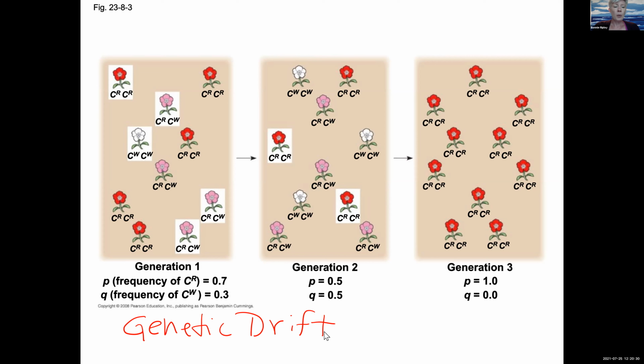So if we imagine a population that starts out with proportions of little p of 0.7 and little q of 0.3, we see the flowers that are shown in that left panel in generation 1. The ones in the white boxes are, for whatever reason, just bad luck. Those are the only ones that reproduced, right?